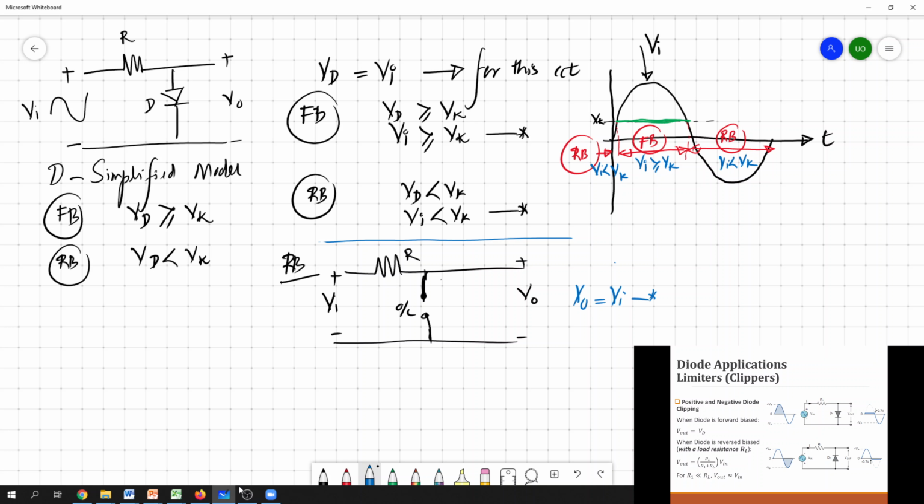So once you draw this, during this reverse bias region, the output voltage simply follows the input. So then it becomes like this. It's very simple. So then this is the output.